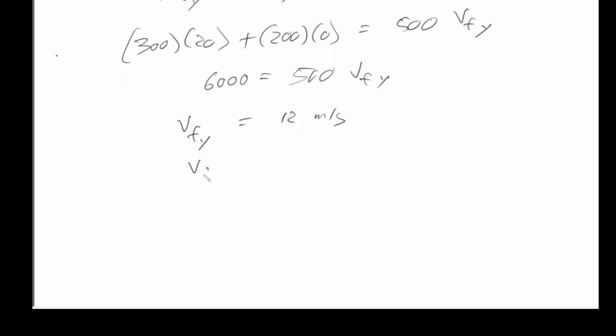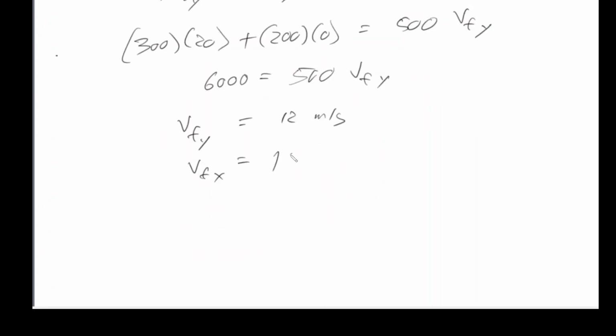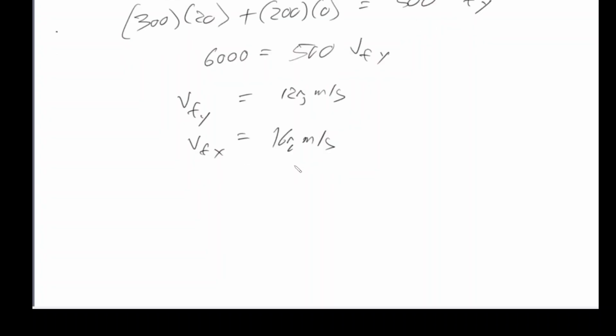And we found v final in the x direction to be 16 meters per second. And this would be j, and this would be the i direction.